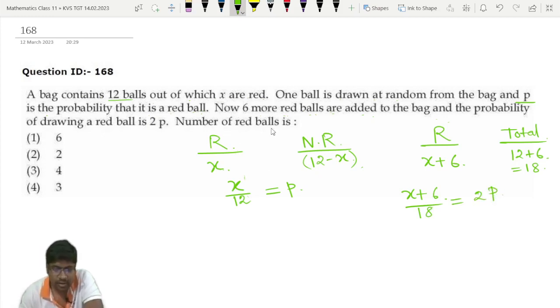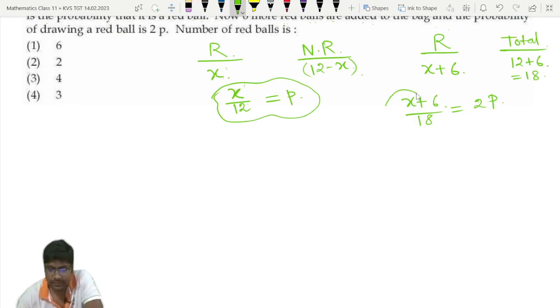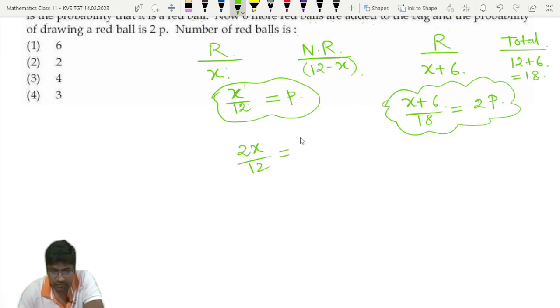Then what is the number of red balls? We have to find x. So from these two relations, this is one relation and this is another relation, can we write that 2x divided by 12 is equal to x plus 6 divided by 18.